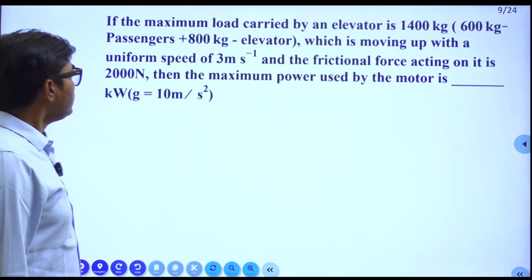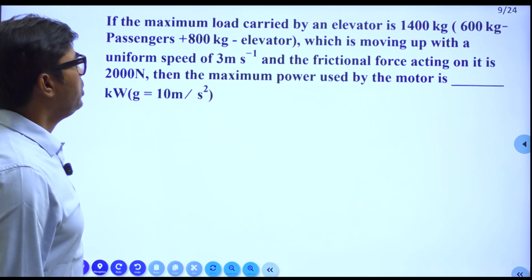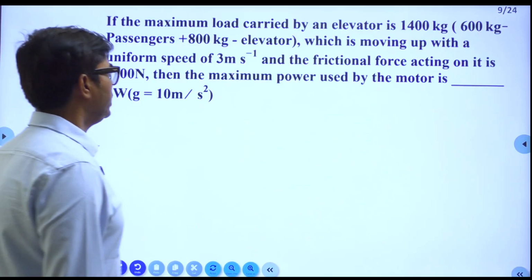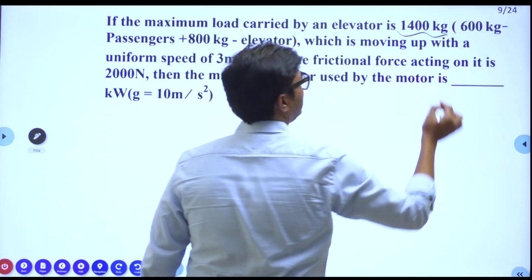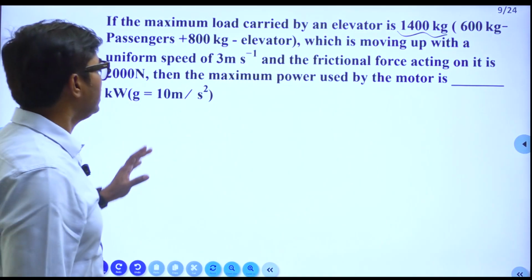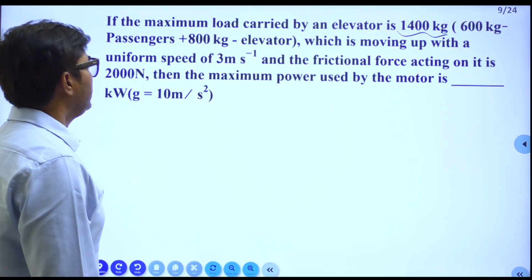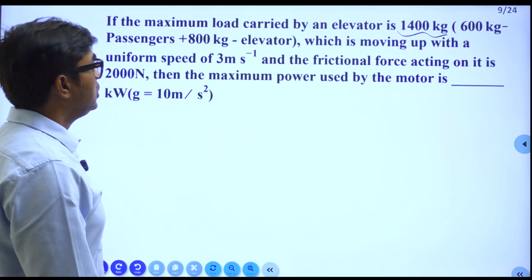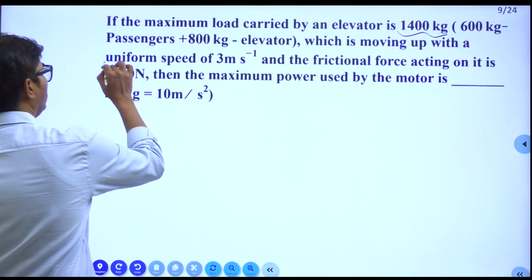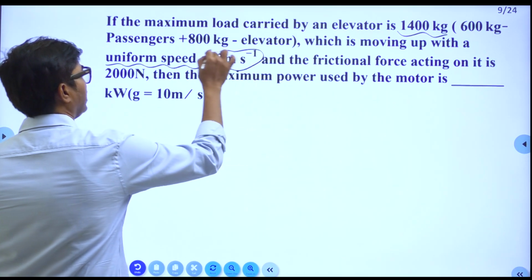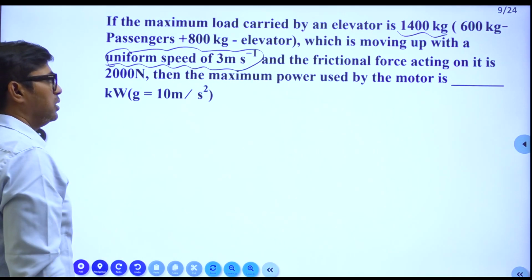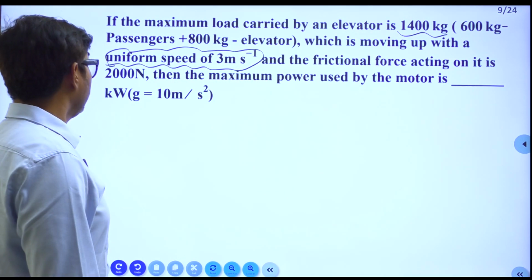Okay, next. If the maximum load carried by an elevator is 1400 kg, in that 1400 kg he has given the split: 600 kg is the persons' mass and 800 kg is the elevator mass, which is moving up with a uniform speed. So uniform speed they are saying, that means there is no acceleration. And the frictional force acting on it is 2000 newtons.